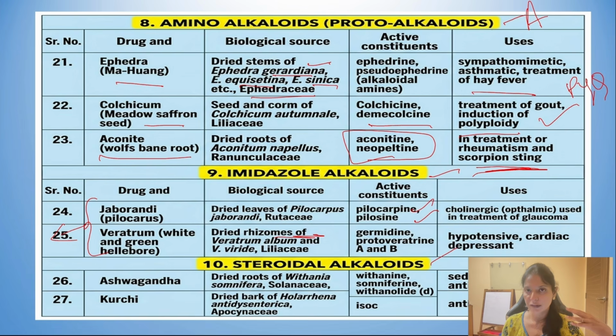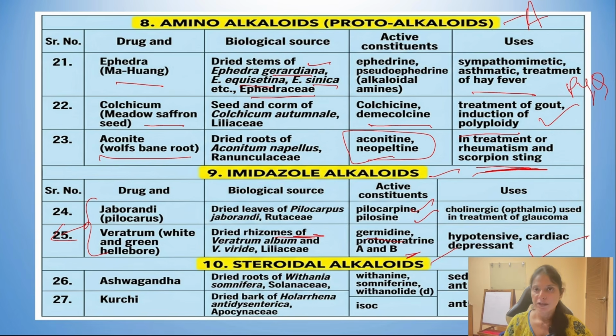The active constituents are protoveratrine A and B, which can be remembered from the name itself. Another active constituent is germidine, and veratrum is used as hypotensive and cardiac depressant.